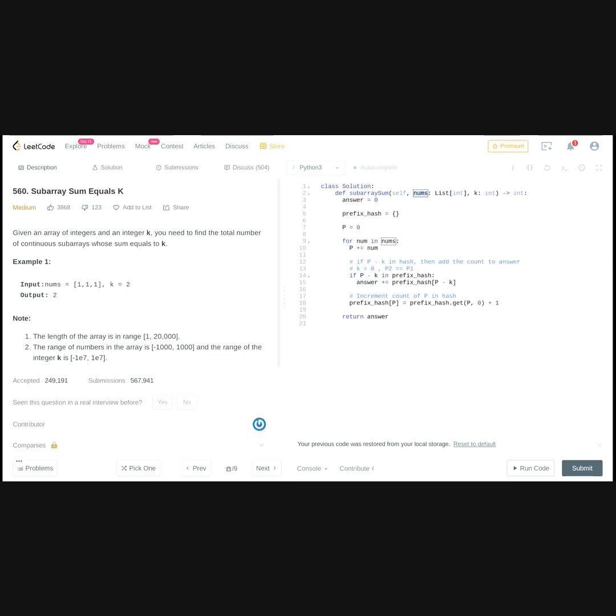So while we initialize the prefix hash, we also want to say that we have already seen a 0 prefix at the start of the array, so we initialize its count to 1. Let me try this solution and see if we have made any syntax error. Okay, now let us submit the solution.